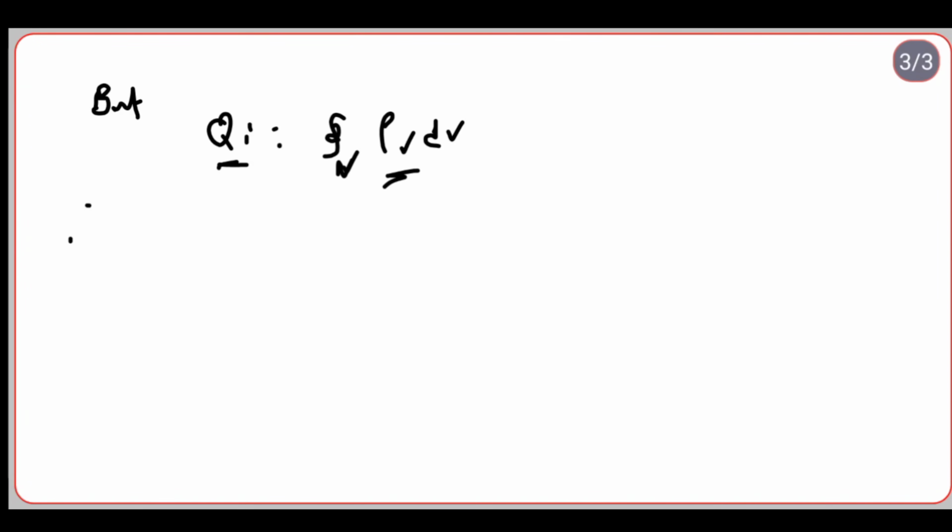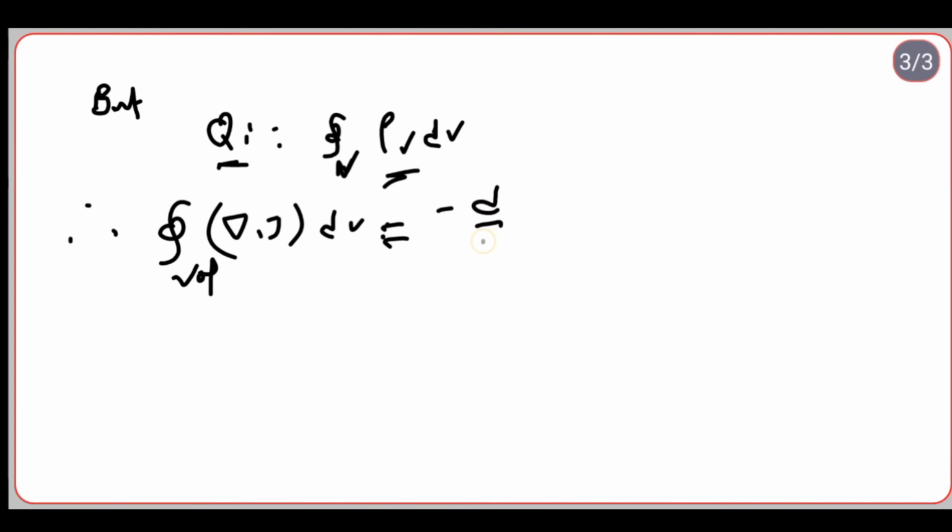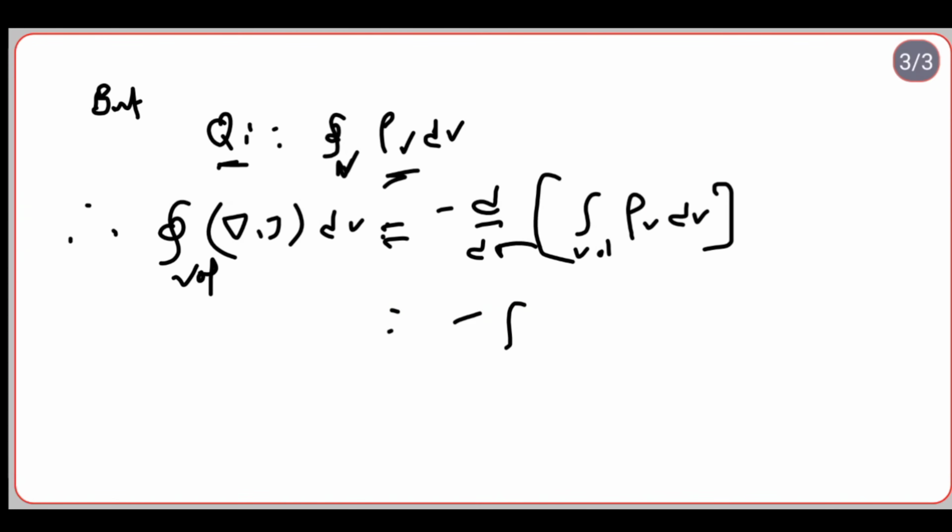Therefore, we can write volume integral del dot J dv equals minus d by dt of volume integral rho v dv, which equals minus volume integral dou rho v by dou t dv.